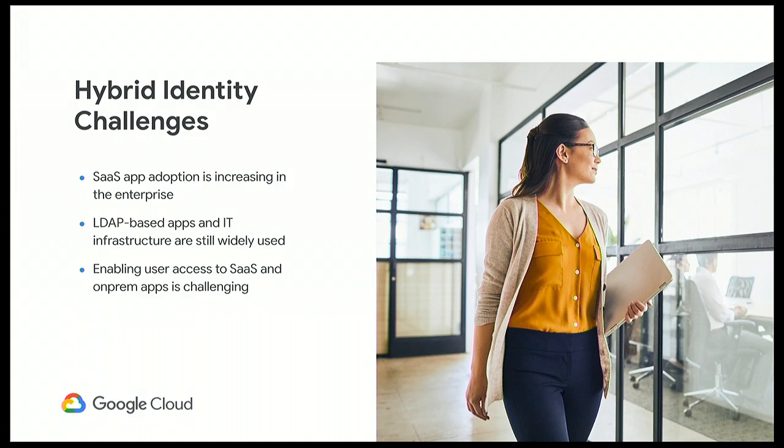But like Sundar said yesterday in the keynote, most large companies still have the majority of their applications and infrastructure on-premise, for a variety of reasons. You may need more time to migrate, retire, or modernize. But in this case, giving your employees a simple way to access both modern applications and legacy applications is really challenging.